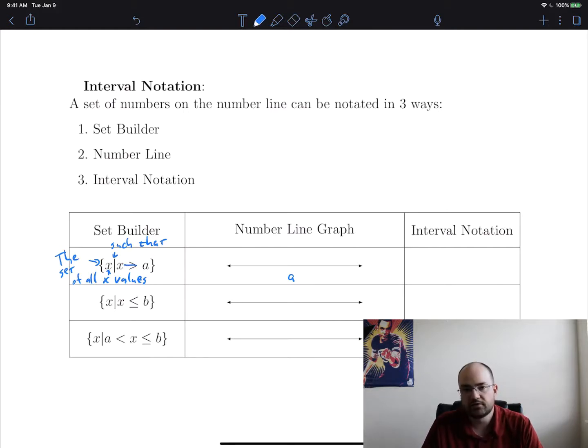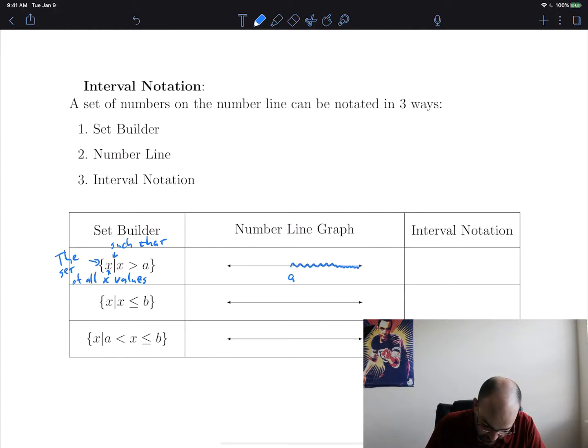There you go. You can kind of see it by thinking of that as an arrow pointing to the right. So this would be everything to the right of a. So taking a, we're going to shade everything to the right of a, including that arrow.